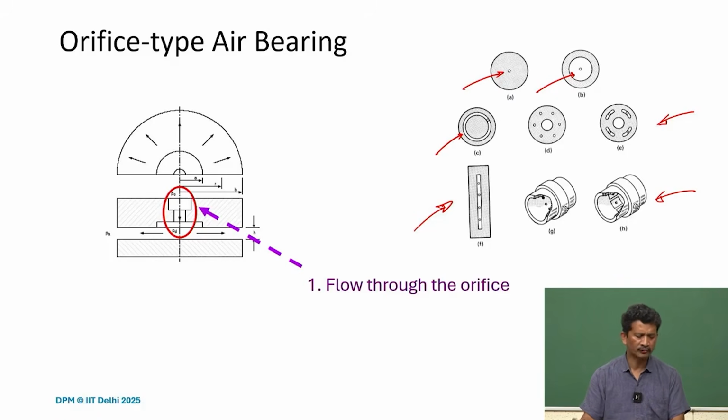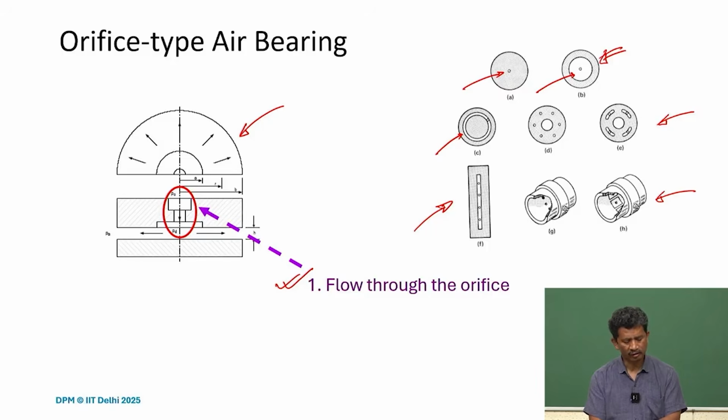So just consider this circular case. Maybe consider this part with the circular pocket. Only the half section is shown. What is important to understand in this kind of bearing is, one, the flow through the orifices. The supply pressure is fed, and of course it has to be clean and dry.